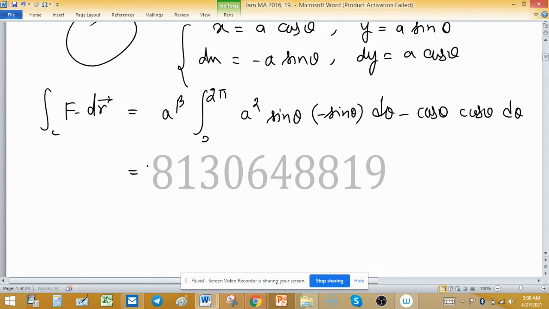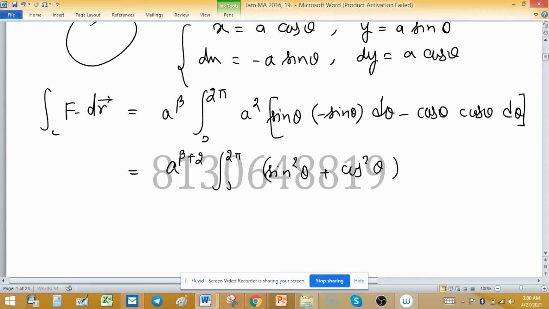Now there is nothing to solve, we only have to simplify this calculation. Take a square outside from the integral, so a raised to the power beta plus 2, integral 0 to 2 pi of sin square theta plus cos square theta.